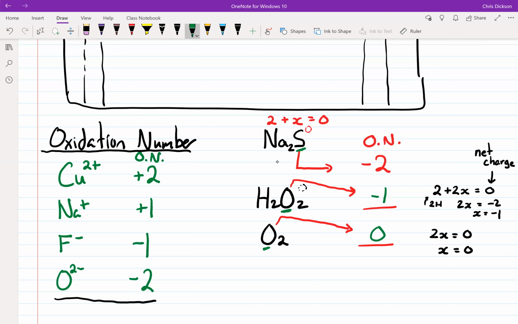Now you might say, well, no, my teacher told me back in grade 10 that oxygen's always -2. Well, if that was true, and you had two oxygens joined together, you had O2, then you would have 2 times -2, which means you should have a net charge of -4. And I've never seen O2 written like that.